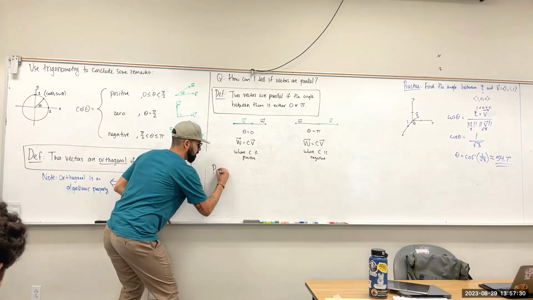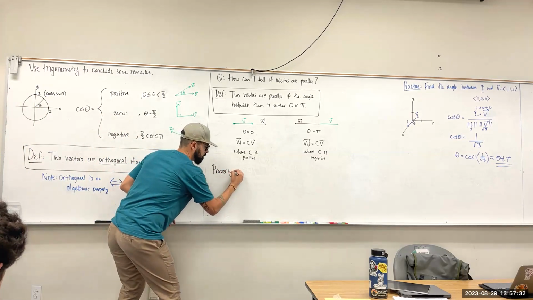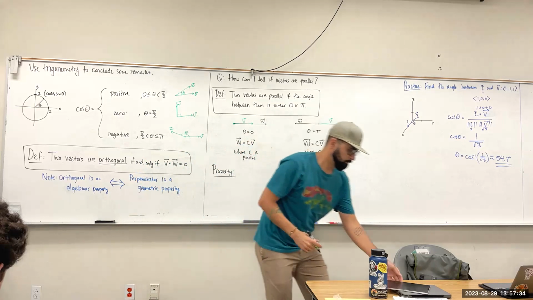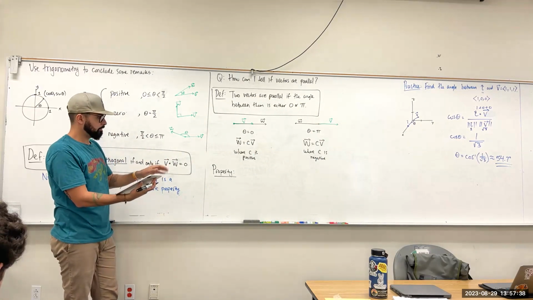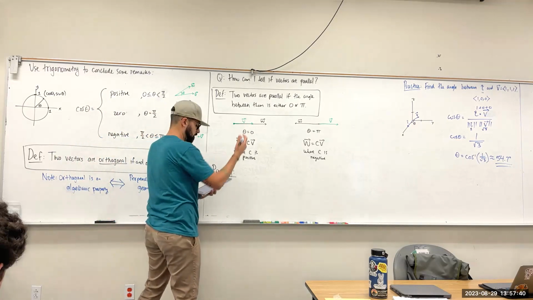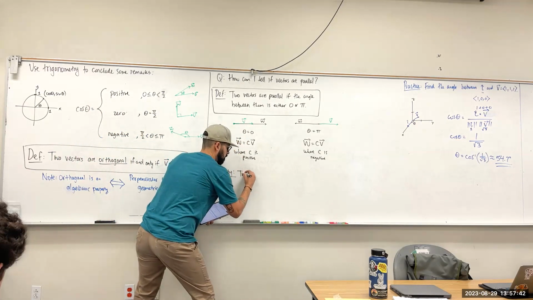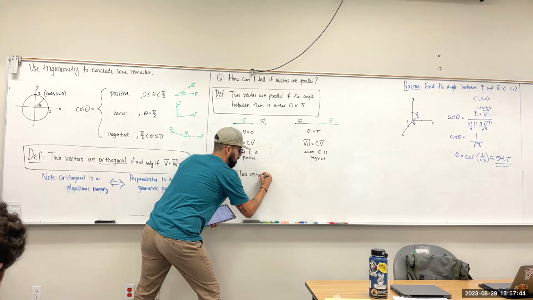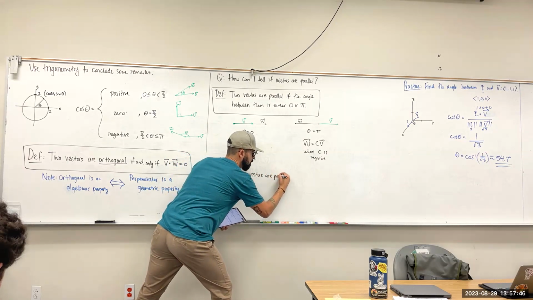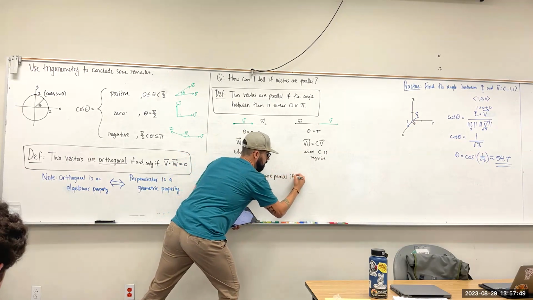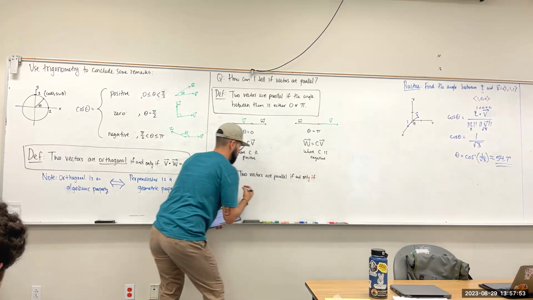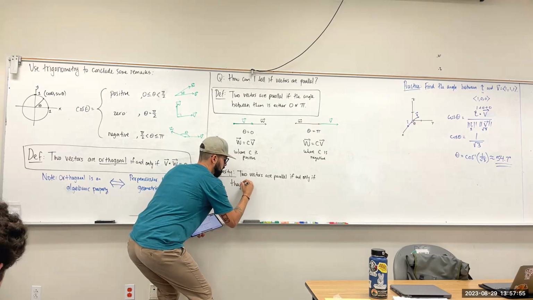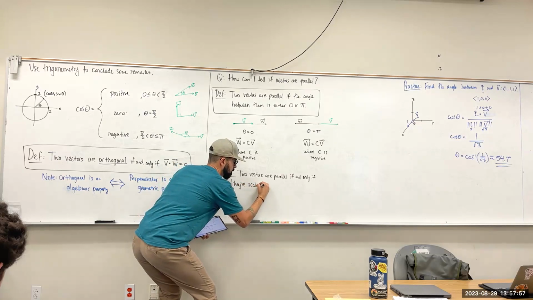So then we have that property as well now. A quick algebraic way to see if vectors are parallel is just to see if they're scalar multiples of each other. So two vectors are parallel if and only if they're scalar multiples of each other.